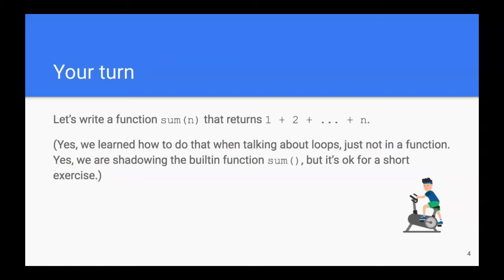I know we've learned to do something like that when we talk about loops, but we didn't do it in a function. And yes, I know if we name the function sum, it is going to hide the built-in function sum, but it's okay for this short exercise. So pause the video, just quickly write this function and make sure you test it and get it right.